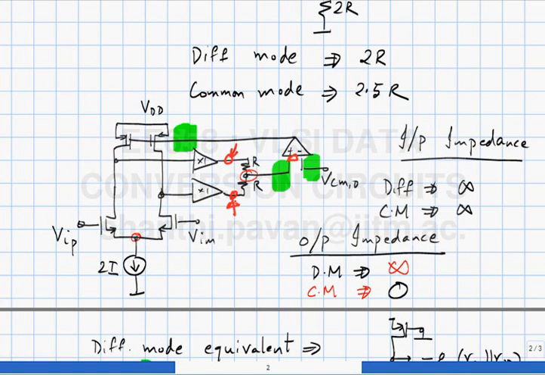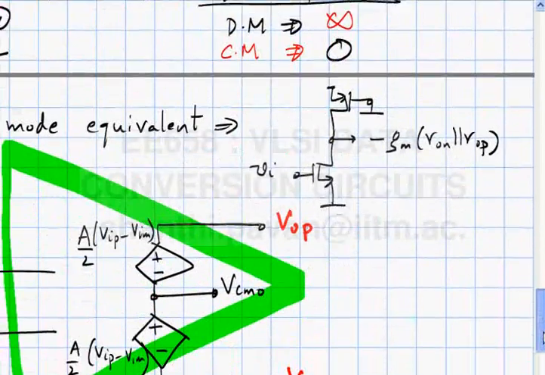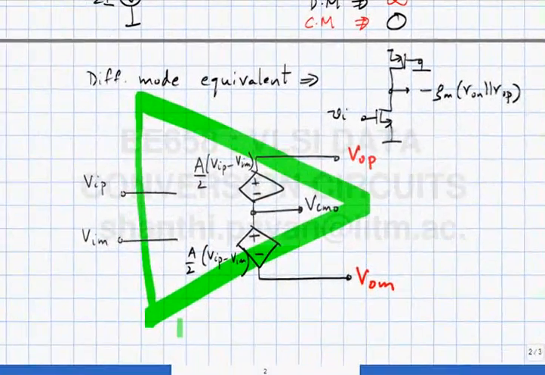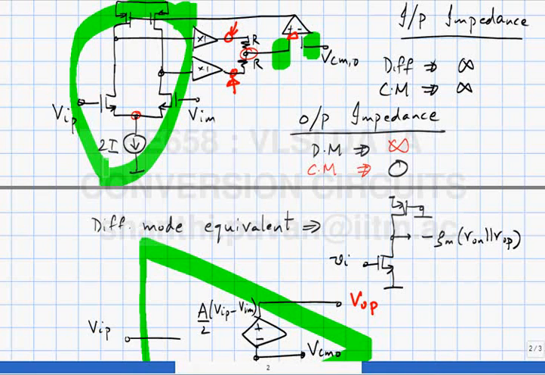And in practice, this X1, which are buffers, can be implemented by using a common drain. So all of you realize that this represents a differential voltage controlled voltage source, whereas this represents a differential voltage controlled current source. In both cases, however, the common mode output impedance is 0.